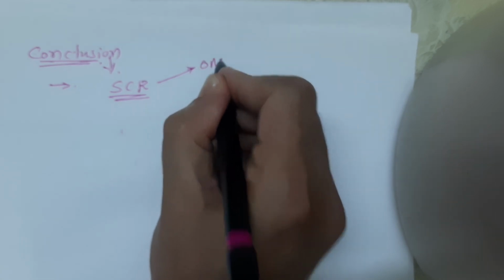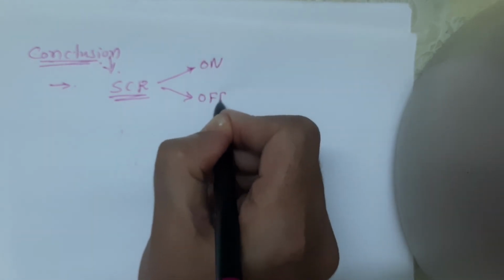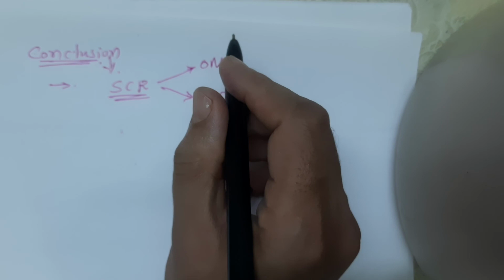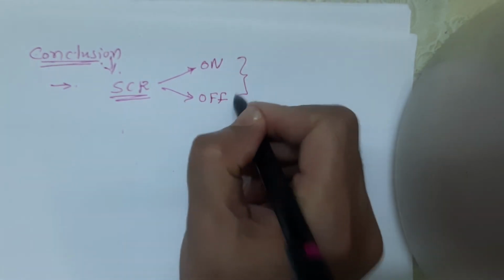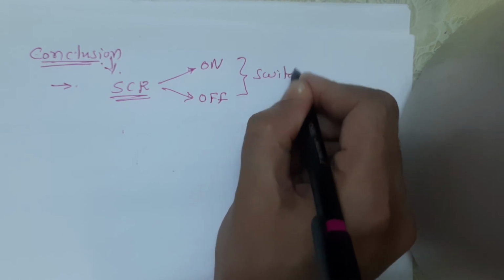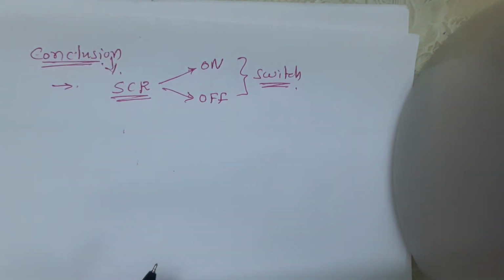Either it is on or it is off. There is no state in between. Therefore, SCR behaves like a switch. Either SCR is on, or SCR is off. There is no in between condition. That's why it works as a switch.